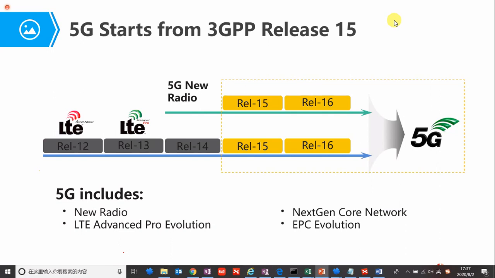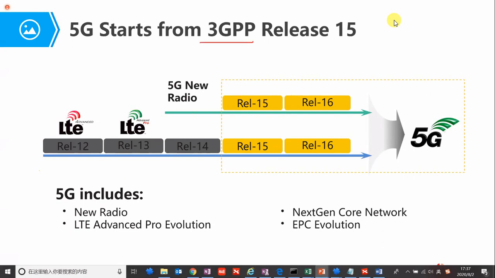Our 3G, 4G, and 5G, even 6G, all wireless communication must have protocol standardization, and then the vendors, like Huawei, will produce products depending on the protocol.